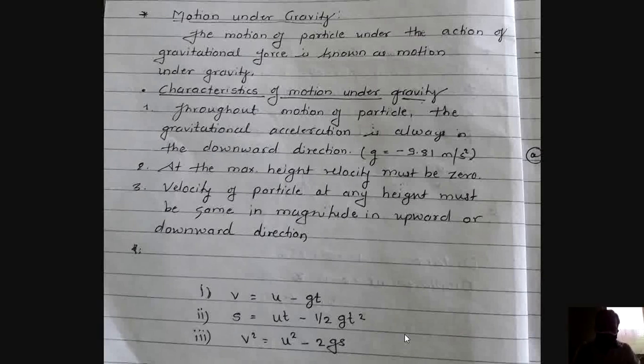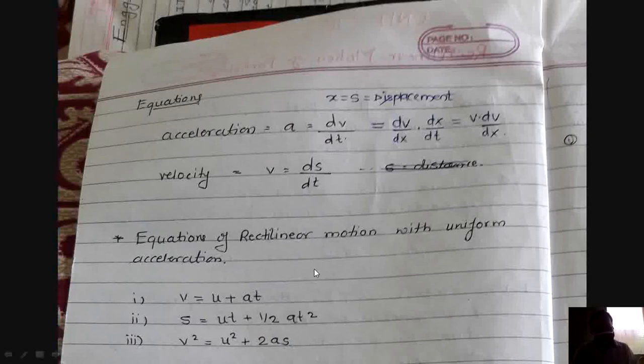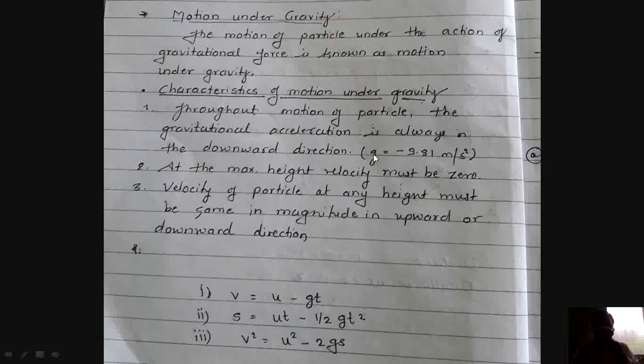For motion under gravity, we need to use the gravitational acceleration value of minus 9.81 meter per second square. We will put a is equal to minus g and we will get these equations.